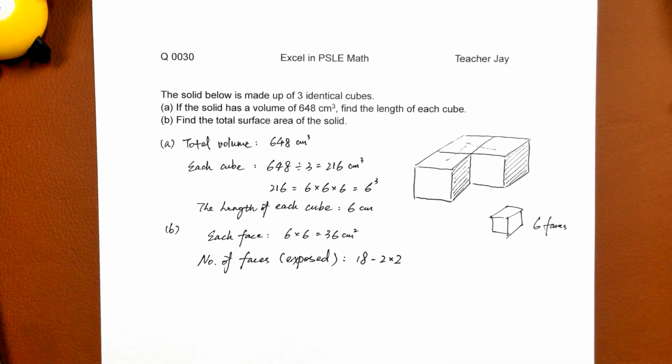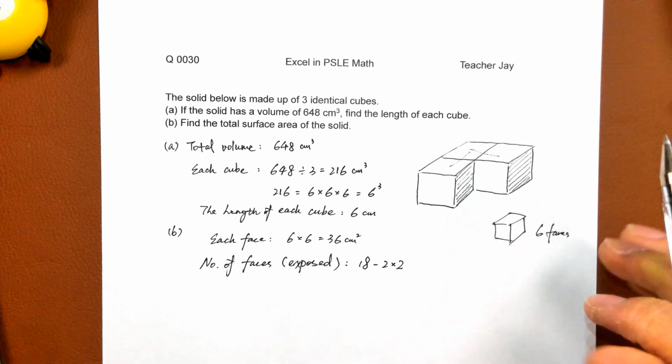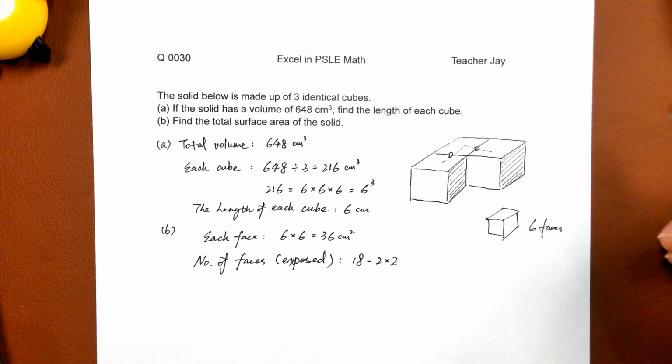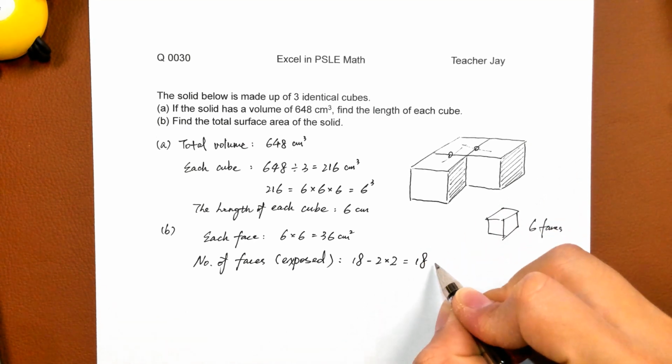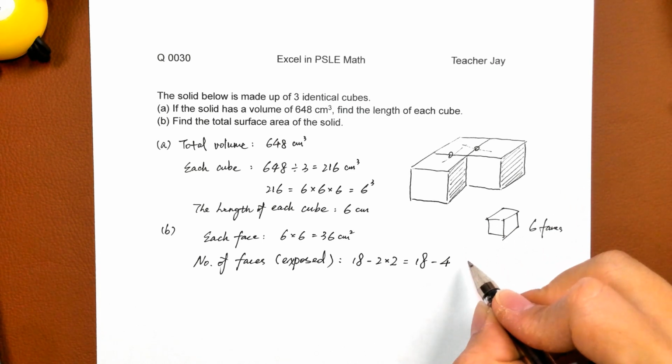Why? Because 2 opposite faces are glued together, so we cannot see these 2 faces and these 2 faces. Total will be 4. So 18 minus 4 faces that we cannot see.